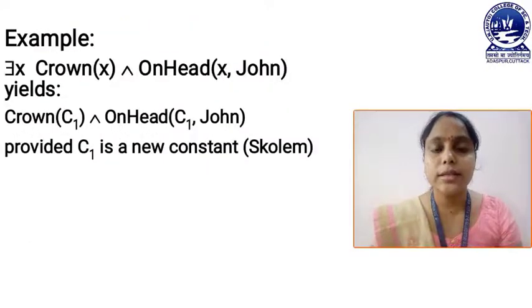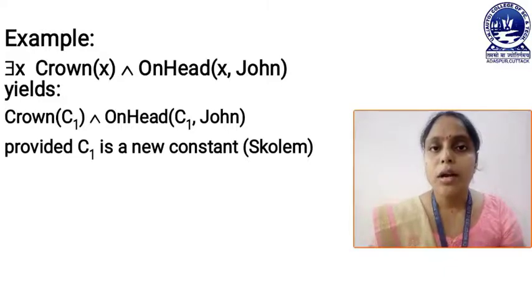Now look at the example. There exists x, Crown(x) and OnHead(x, John). Here x is the existentially quantified variable. Now we use existential instantiation. That means we replace this variable x by a constant.